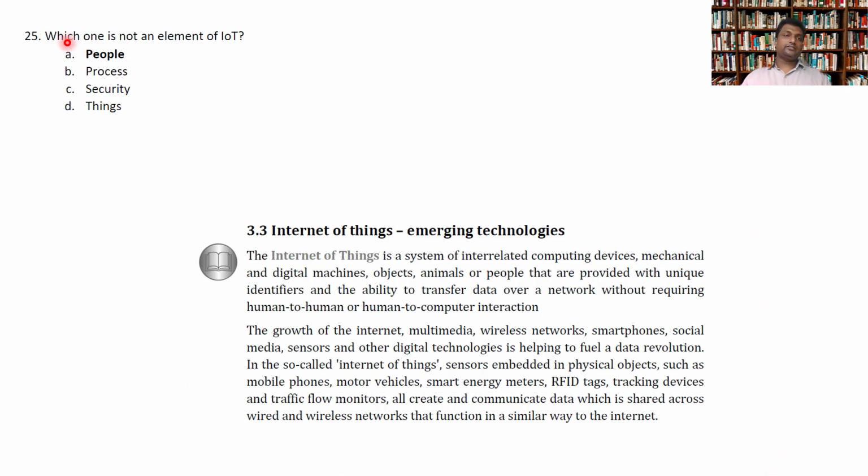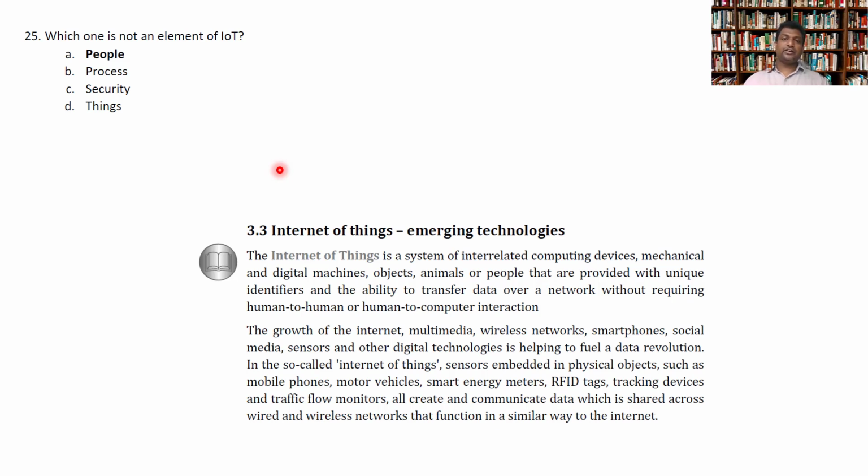So when we are studying Internet of Things, we have different processes, different security measures, and the things themselves. But people are not an element of Internet of Things, though we can have people in the Internet of Things. For example, if you have a smartwatch or a fitness tracker, and you are walking or exercising, all the information about you through that device on your hand is being collected by the device and shared with the internet service provider.